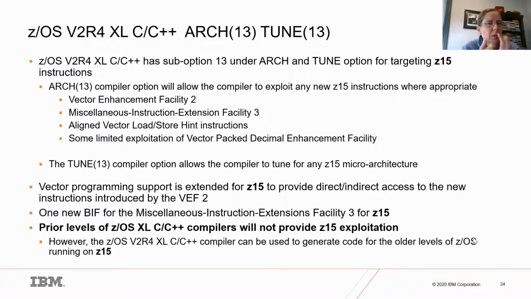So we did something a little bit different with the compiler here in that we didn't roll back the support on the 2.2 and 2.3 system with PTFs. You've got to go get the FMID. The FMID is already in 2.4, but you can roll it back. So you would have to install another web deliverable in order to have the latest C, C++ compilers to make it architecture and tune level 13 in order to support the latest z15 machine instructions.